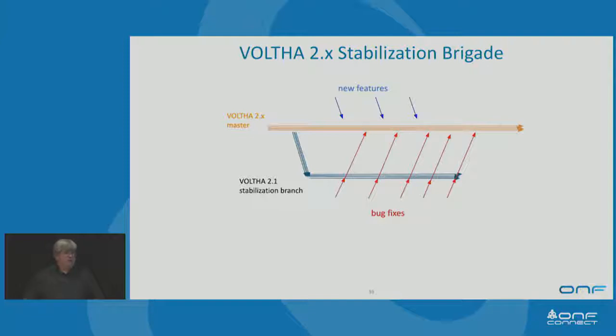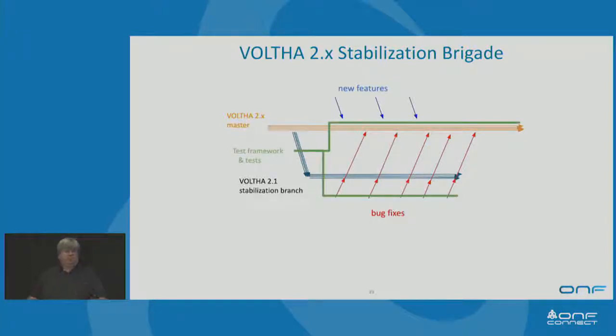Bug fixes are going into the stabilization branch. And every time a bug is fixed in stabilization, that patch is also cherry-picked to master. But the idea is to keep feature work and stabilization work as separate as possible, so the new features are only going in to master.